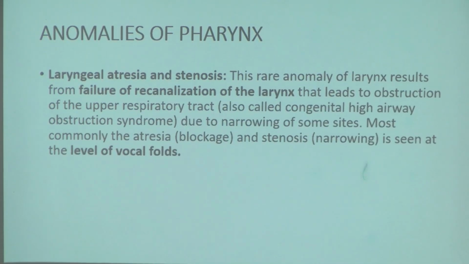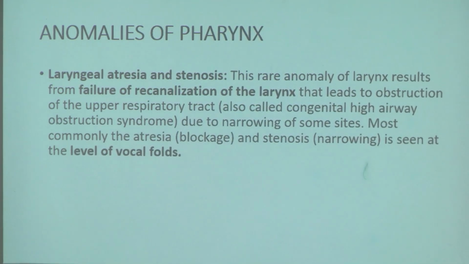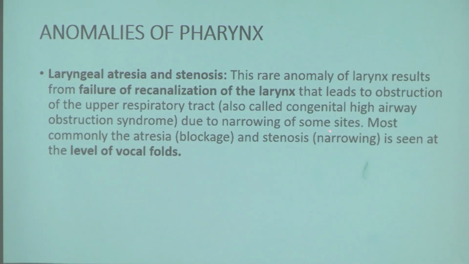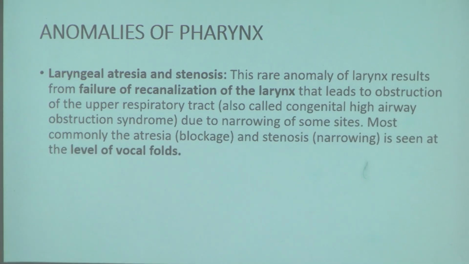We have already discussed in our previous class how we divide the upper respiratory tract and lower respiratory tract and what parts are involved in it. Okay. Due to narrowing at some sites, most commonly the atresia, that is the blockage, and stenosis, that is narrowing, is seen at the level of the vocal cords.